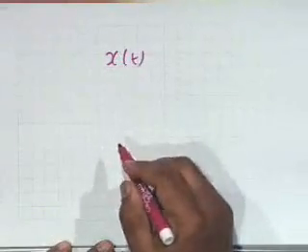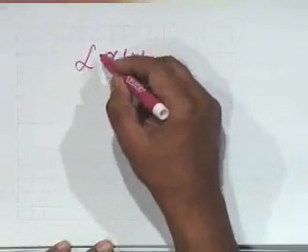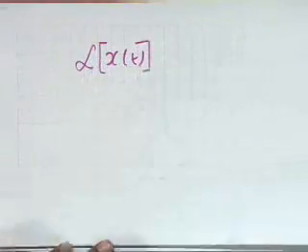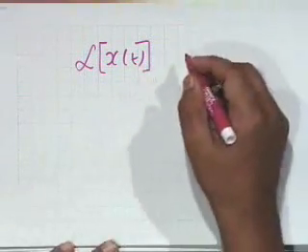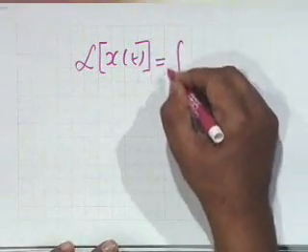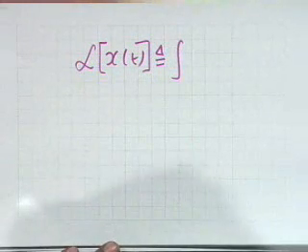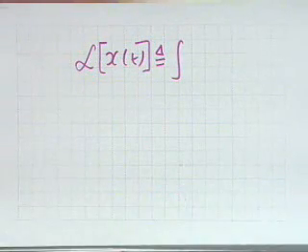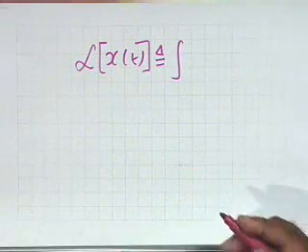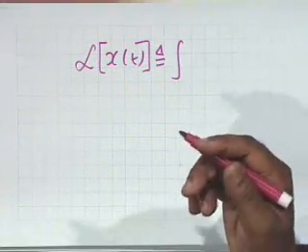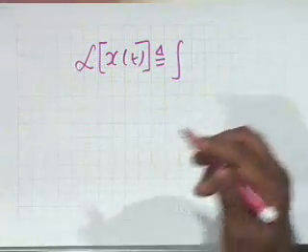It is at this point that we define the Laplace transform formally, that is, given a function x of t, the Laplace transform of x of t is defined as, if it exists, the question of existence shall have to be addressed with some more care than we did in the case of Fourier transforms.